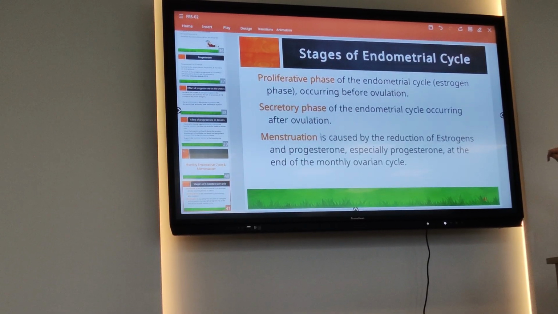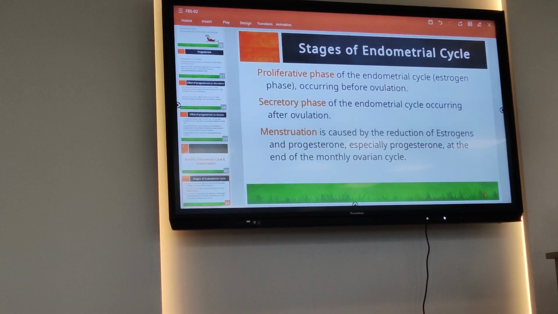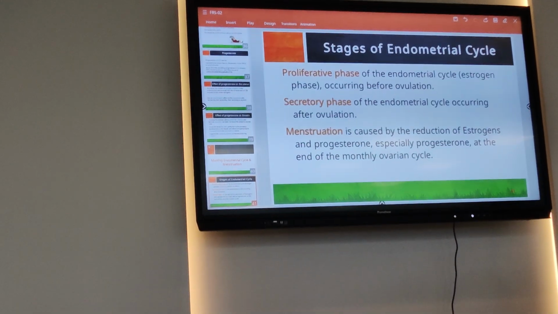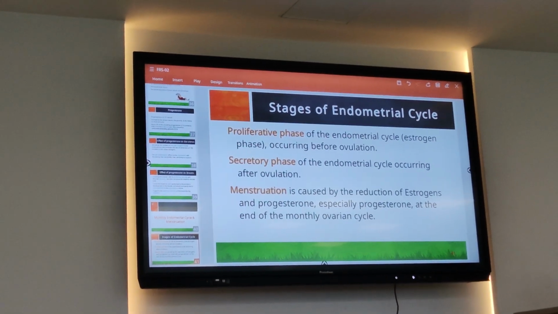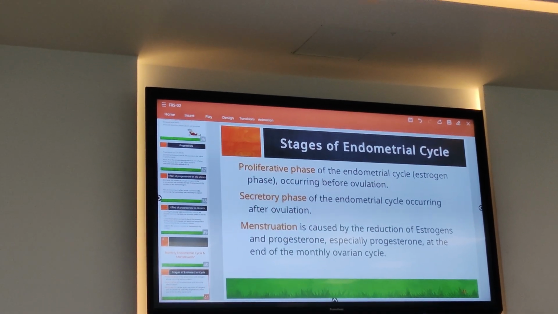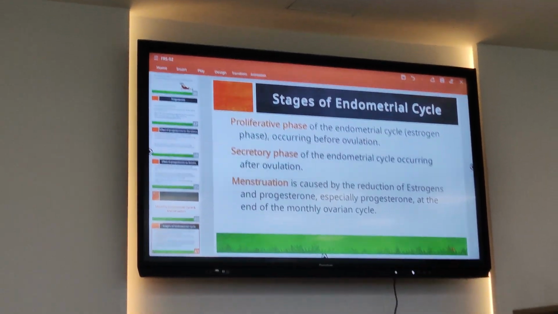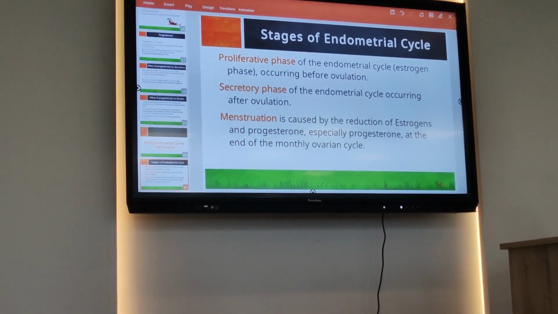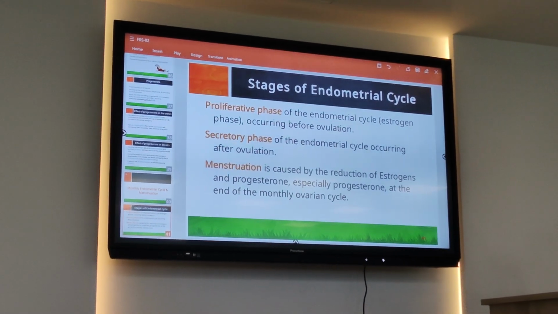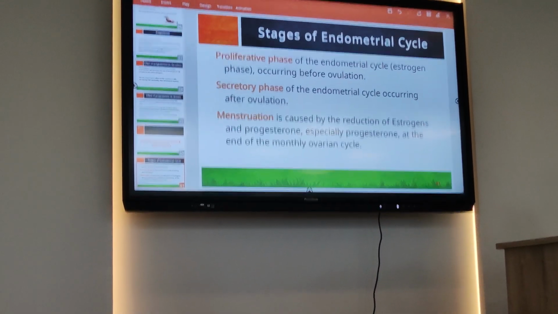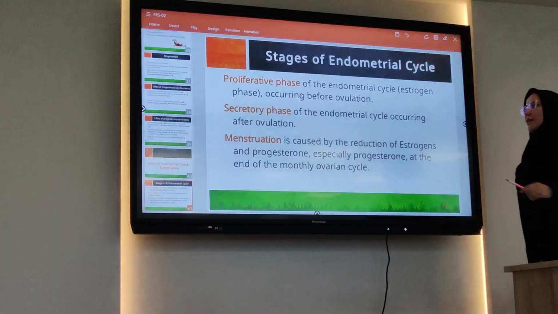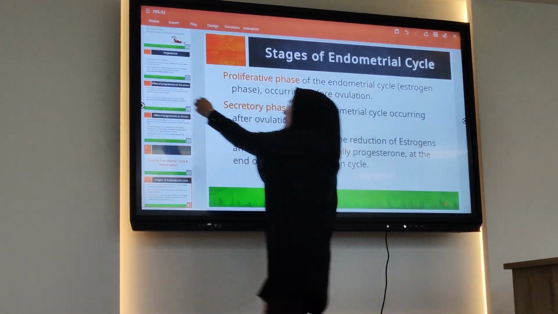The second phase, the secretory phase, is in parallel with the luteal phase, where progesterone starts to absorb water and the endometrium becomes secretory. And menstruation, my dear friend, is the end of the secretory phase, when the estrogen and progesterone start to drop.